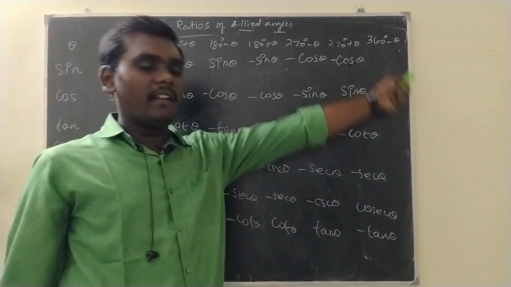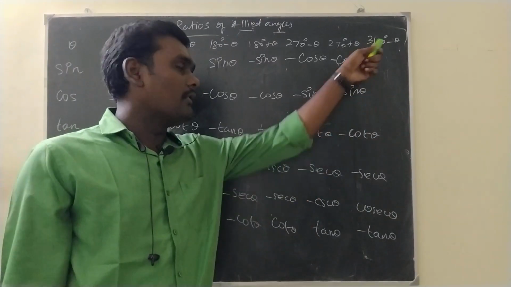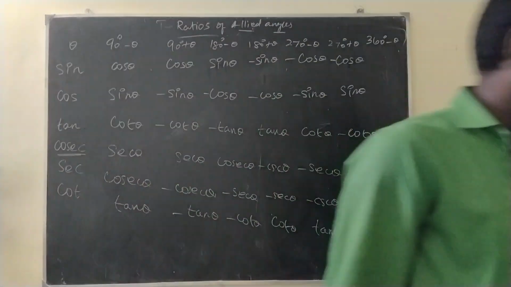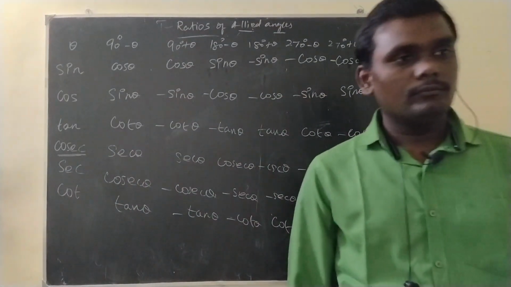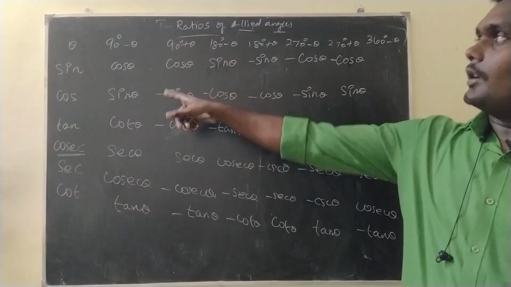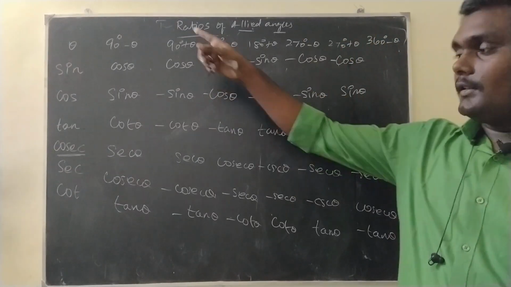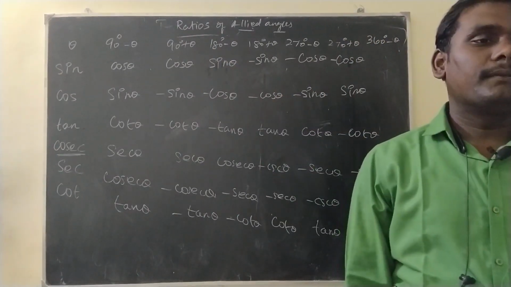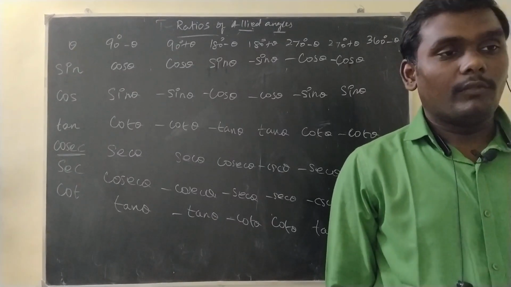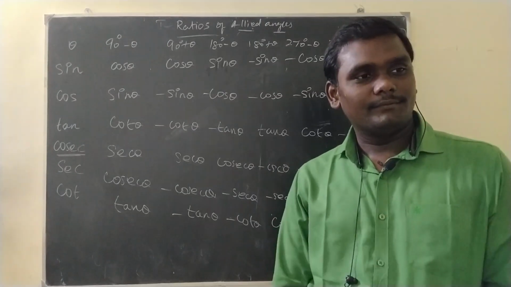Likewise 360 minus theta also, there will be no change. Same fourth quadrant, you can fill this table on your own. Okay, any doubts in this? See how many formulas we studied. 7 columns, 6 rows. 7 sixes are 42 formulas we studied.